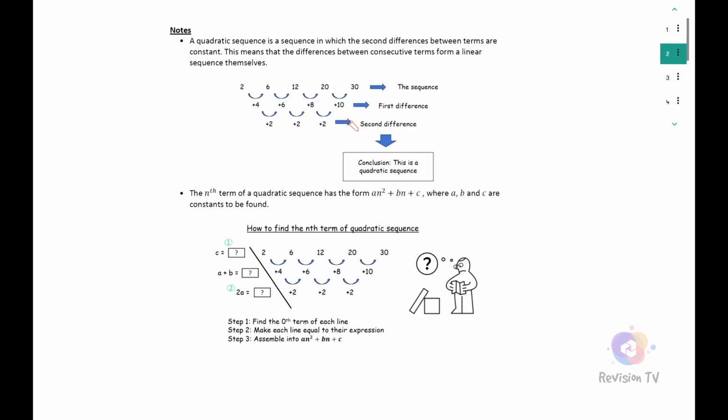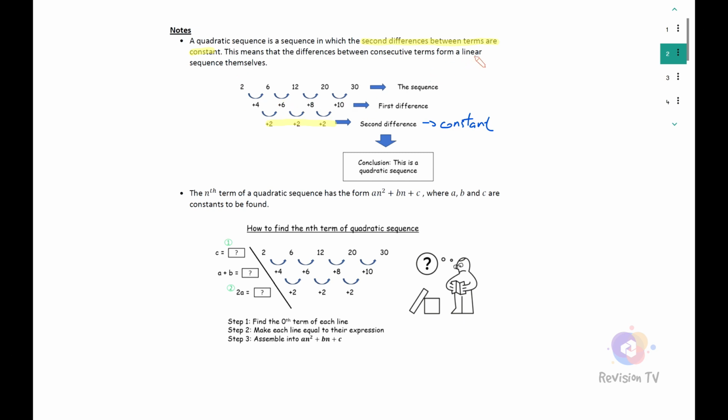A quadratic sequence is a sequence in which the second difference between the terms is constant. If we look at this diagram below, the top is called the quadratic sequence. If you look at the first difference, we're adding 4, adding 6, adding 8, adding 10. The second difference is constant: plus 2, plus 2, plus 2. So the first differences form a linear sequence themselves: 4, 6, 8, 10.